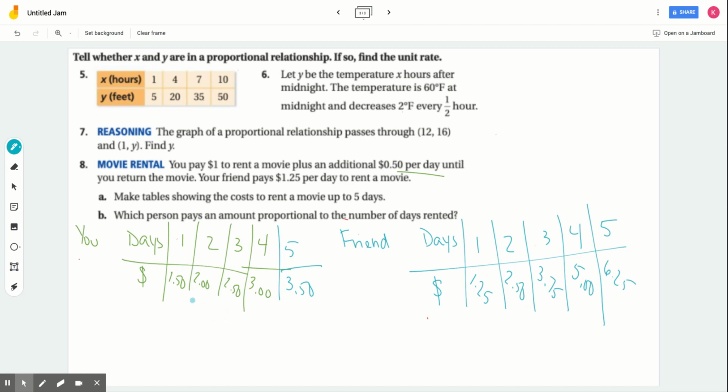So we know that this one is not a proportional relationship. But if we look here, 1 times $1.25 is $1.25. 2 times $1.25 is $2.50. 3 times $1.25 is $3.75. So my friend's relationship is proportional.